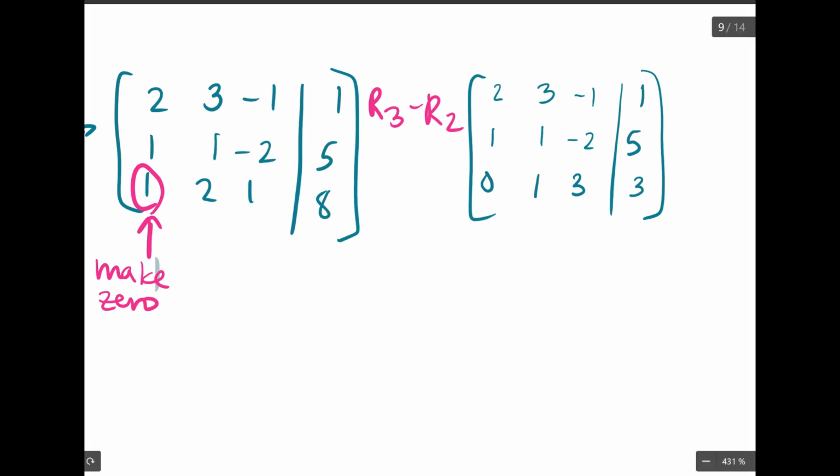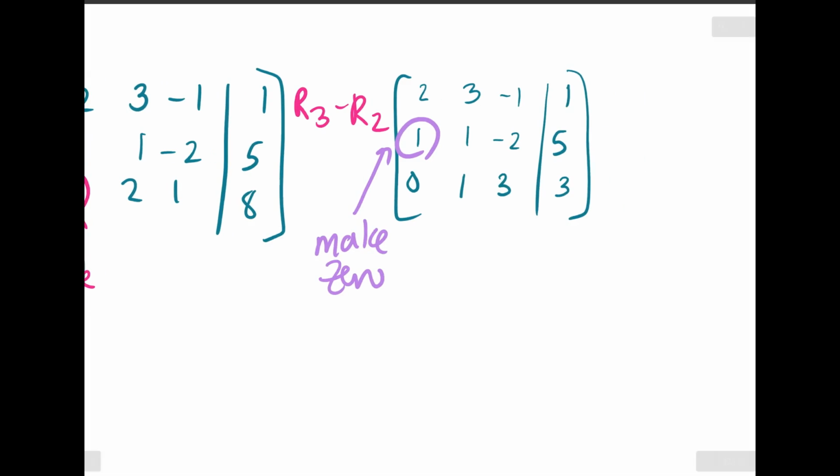The one above it. I need this to be 0. So how can I make this one be 0? Multiply that one by negative 2 and then subtract.